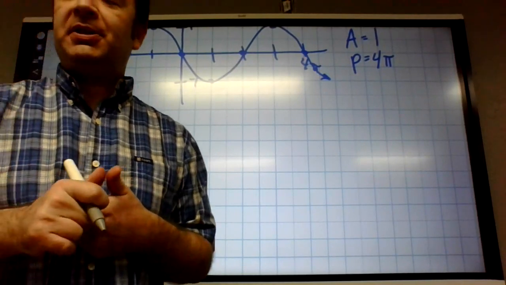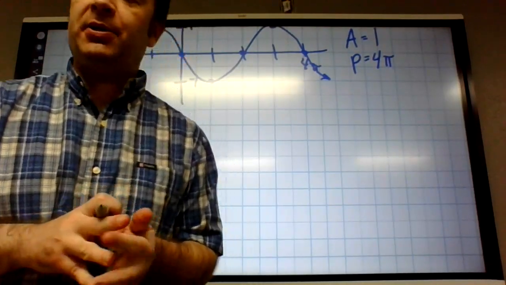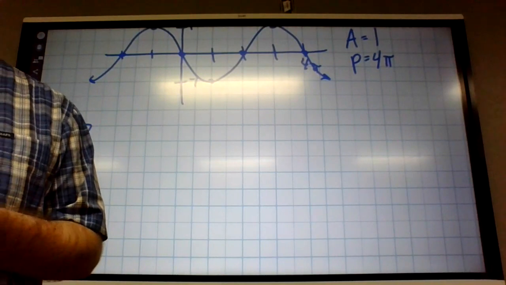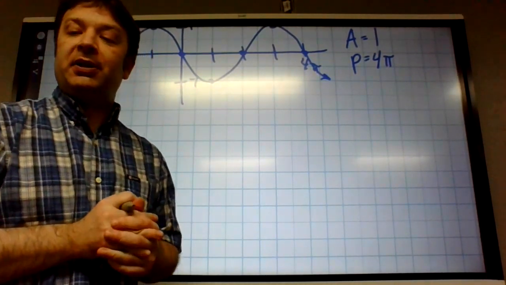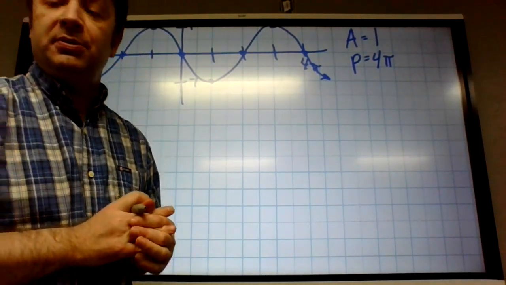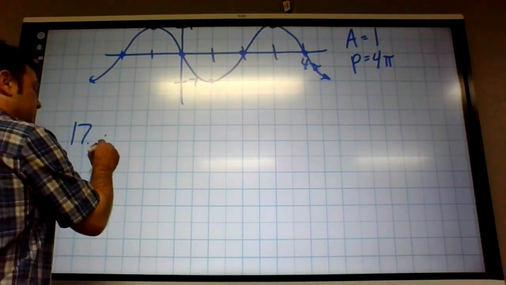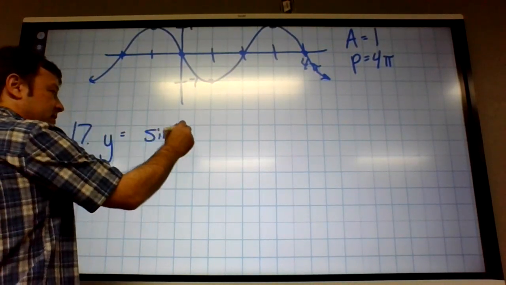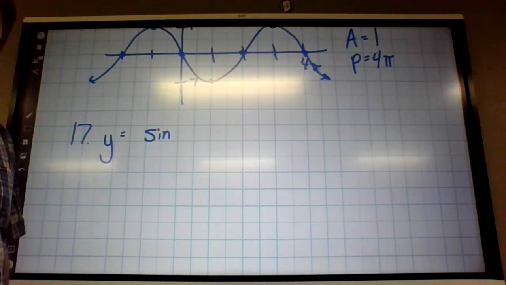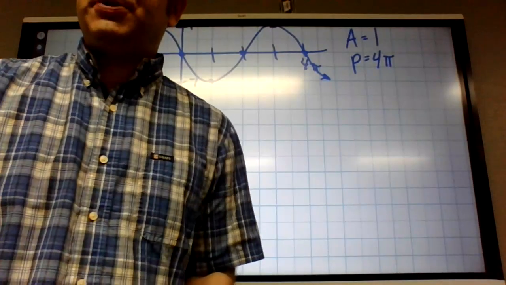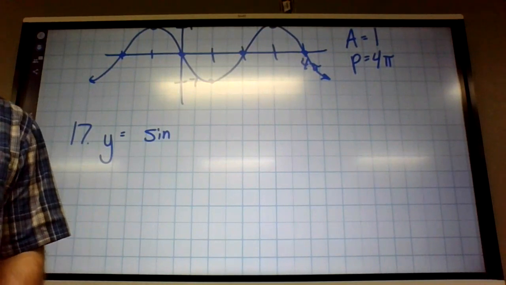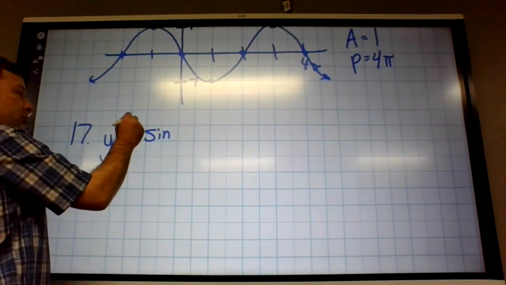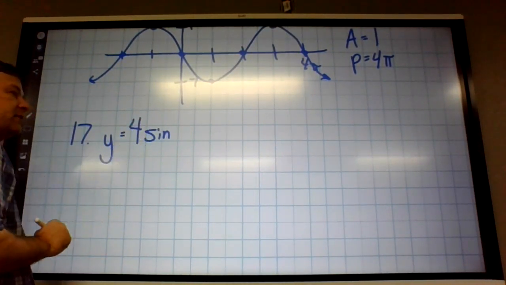Let's start with, is it a sine? Does it look more like a sine or a cosine function? Looks more like a sine because it's going up through 0 in the middle. So I guess, yeah, what's the amplitude on 17? It's going up to 4. So the 4, remember, goes right in front of the function.